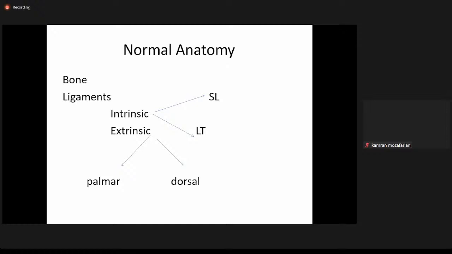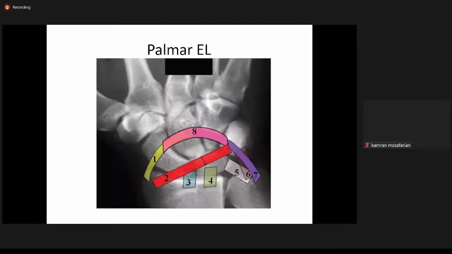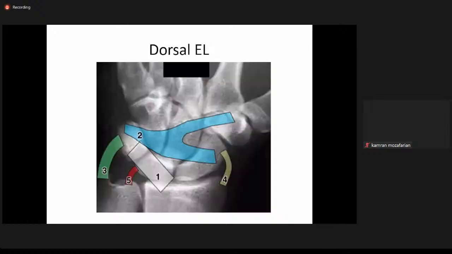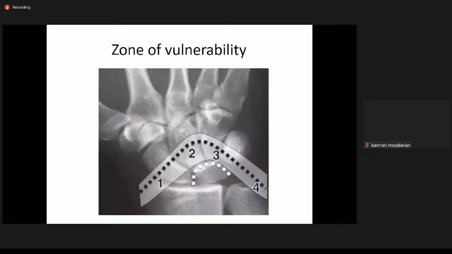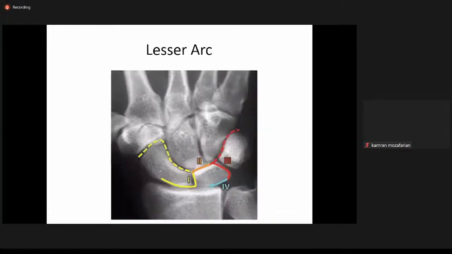For better treatment of this patient, the surgeon should know the normal anatomy of the wrist. You can see the palmar extrinsic ligaments in this slide and the dorsal extrinsic. The zone of vulnerability to injury is divided into two types, lesser and greater.